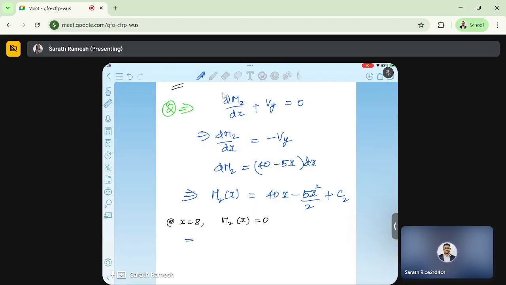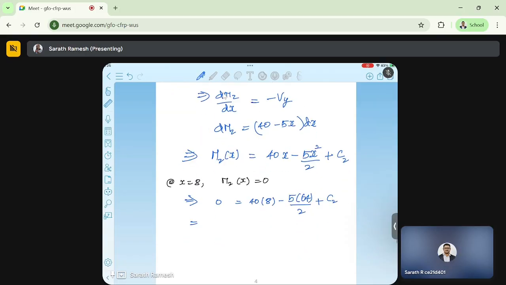This implies 0 equals 40 times 8 minus 5 into 64 divided by 2 plus C2. So this implies C2 equals minus 320 plus 160, so this is minus 160. So C2, I'm getting minus 160.